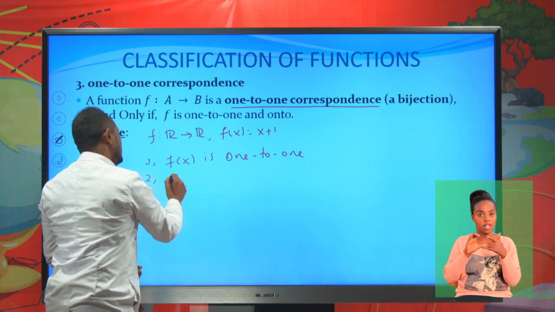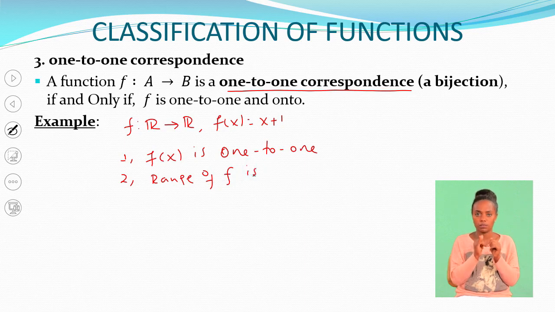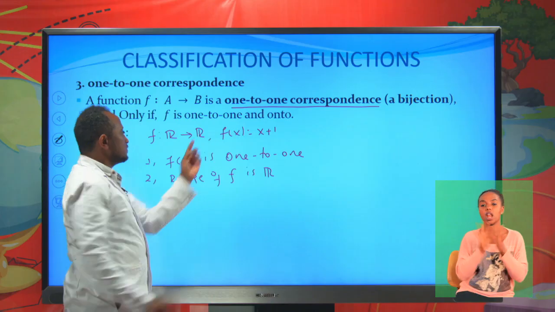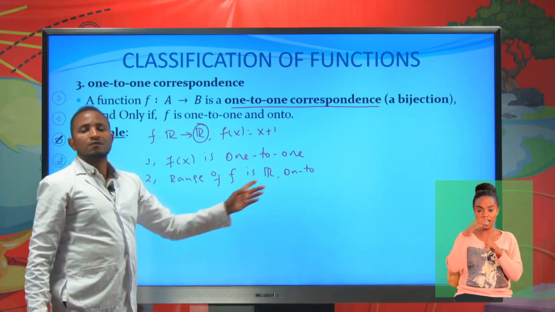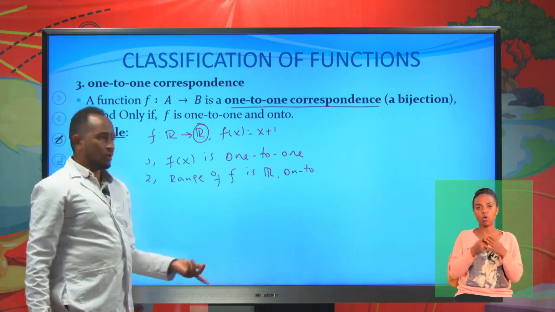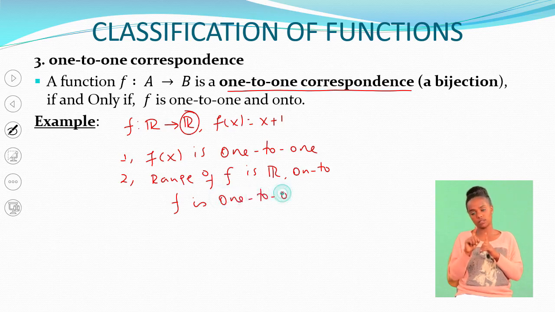Yes, the range of f is the set of real numbers. So it is onto. Since it satisfies one-to-oneness and ontoness, f is a one-to-one correspondence.